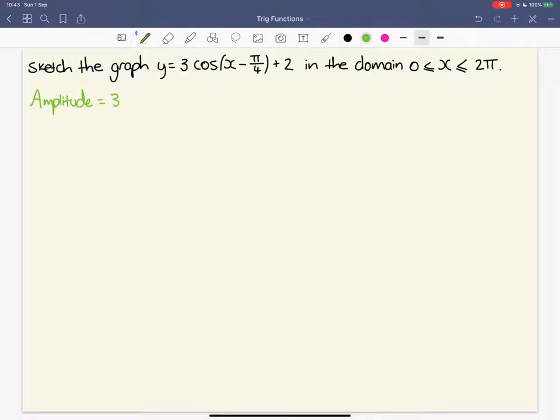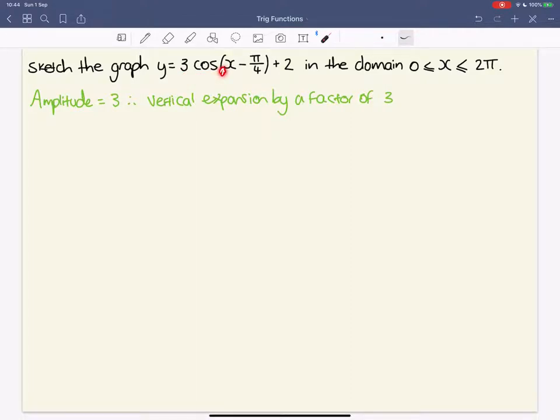That's the distance from the peak to the middle, or from the minimum to the middle. And that tells us the vertical expansion. So we have a vertical expansion by a factor of 3.